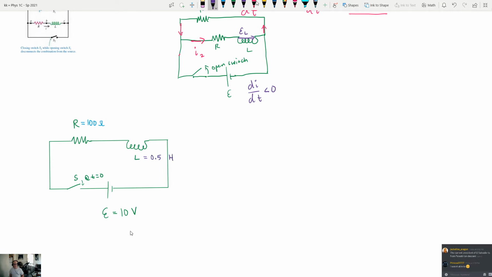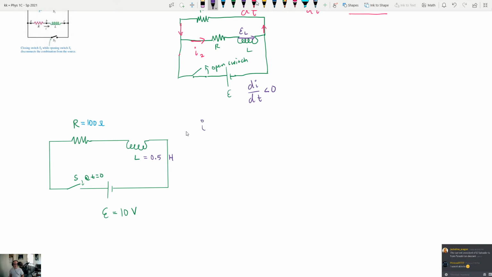Okay, and then let's say that when we close the switch, 0.5 divided by 100 is equal to what? 0.005, right? Yeah.